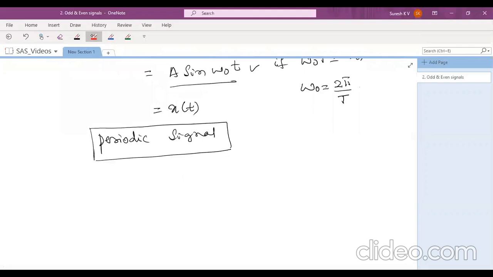Let us verify this condition for discrete time signals.